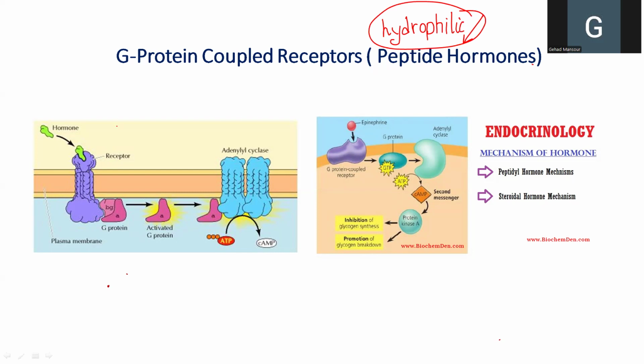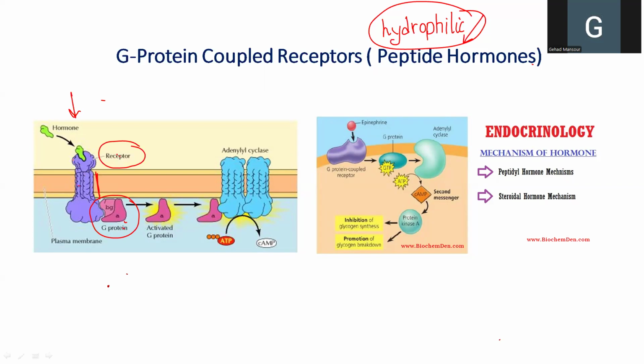So here you can see how a peptide hormone will bind with the G protein coupled receptor. This is the receptor and this is the G protein. As you can see, they are coupled to each other. So this is why we call them G protein coupled receptors, or receptors coupled to G proteins.